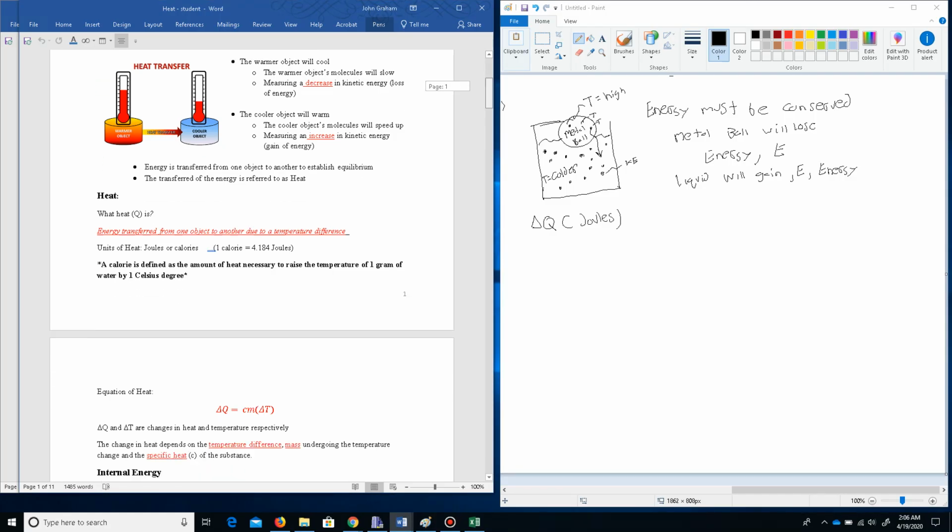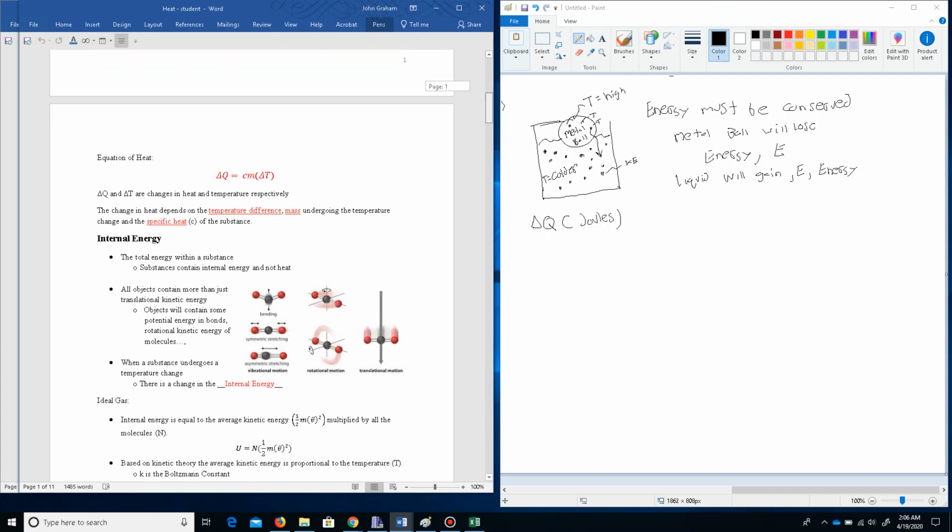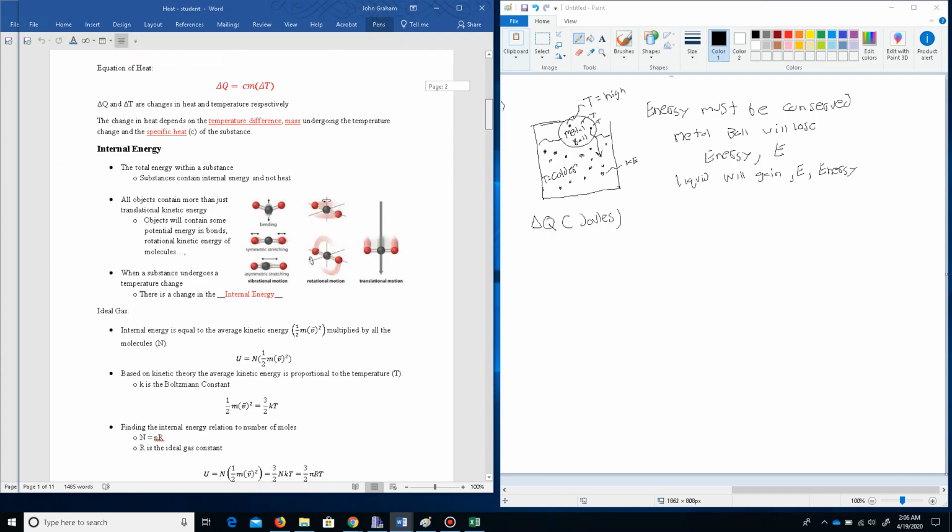Then we have this equation for heat. And this chapter is probably the most important equation. Change in heat equals Cm change in temperature. Okay, so this is your change in energy.